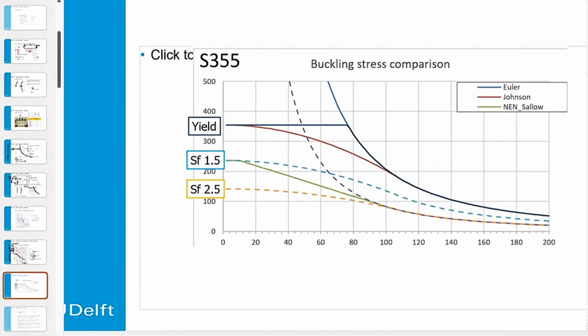The effect of yielding is excluded, so you need to be aware of that. The other thing is we have a variation in safety factor, which makes it hard to answer whether something is allowable or not.